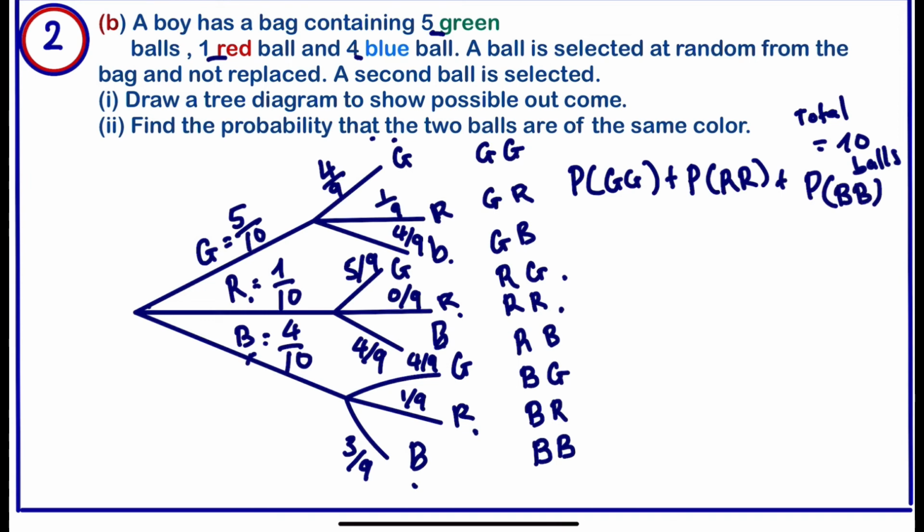So we have the same color here, that's why we have green, green, red, red, and blue, blue.